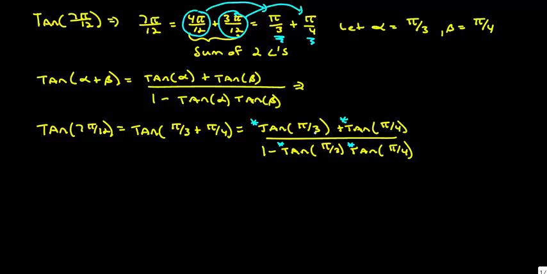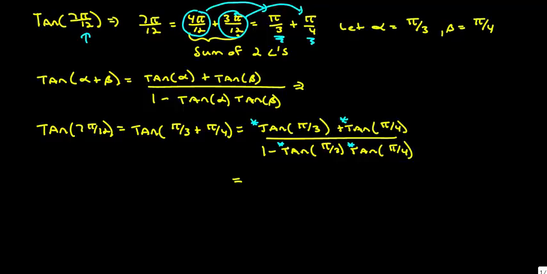If you don't know the tangent at pi over 3 or the tangent at pi over 4, then you have to go back and pick angles that you do know. You need to find angles that add or subtract to this one, but they have to be known angles on our unit circle, angles that we know the exact value of. So we'll grab those values off of the unit circle.